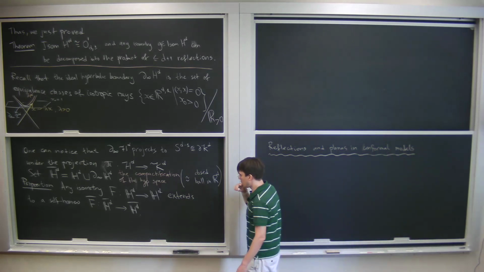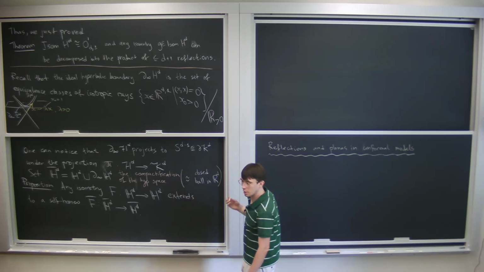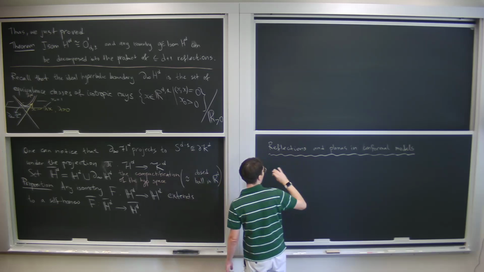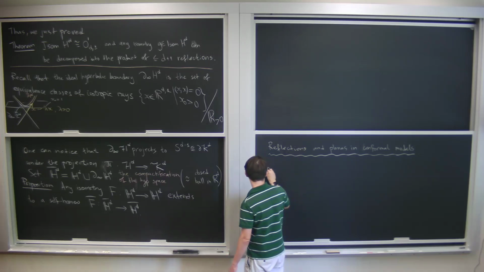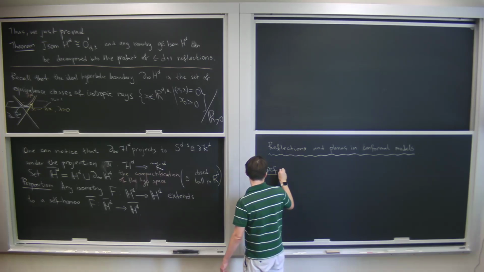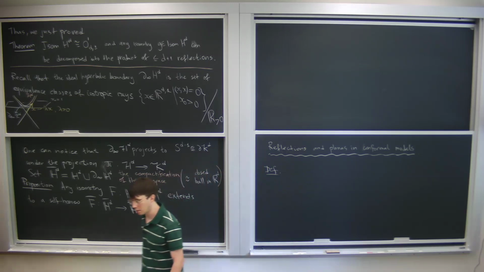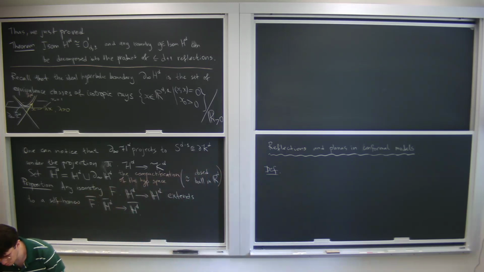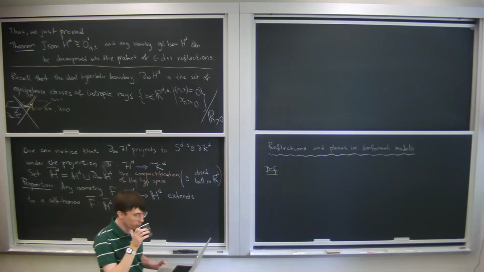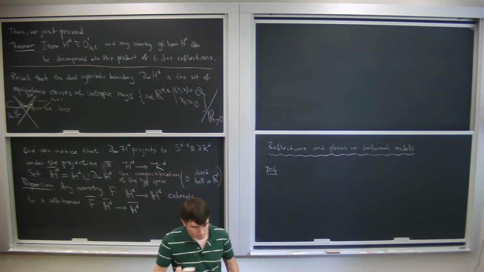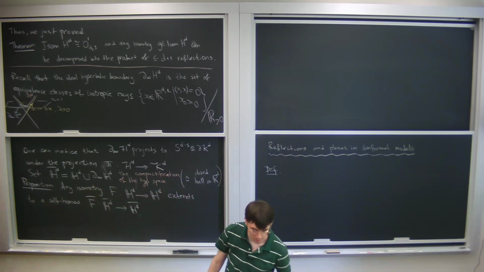Okay, now I want to say what actually is the reflection, what conformality means. So I will just say that we have two types: conformal and anti-conformal maps.